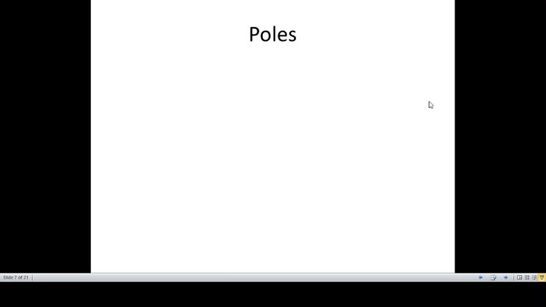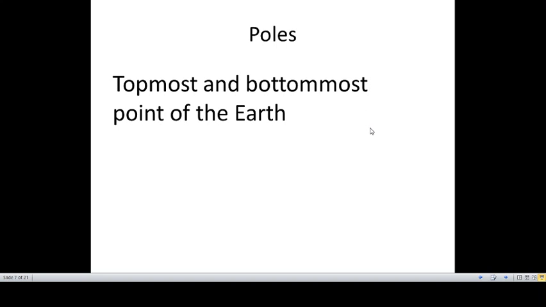The second one is the poles. The poles are the topmost and bottommost points of the Earth. Poles are also divided into two. First, the North Pole.